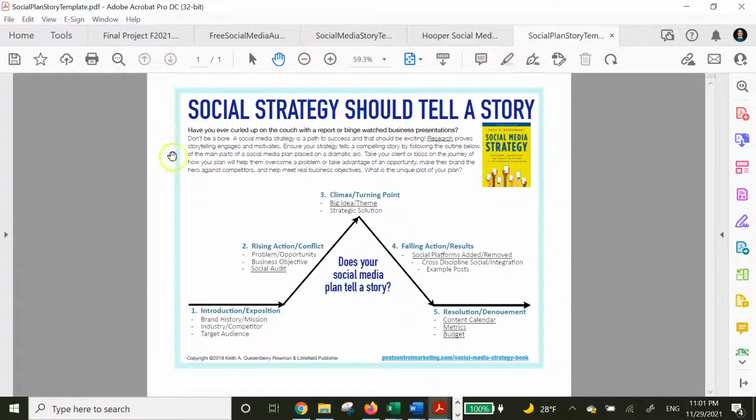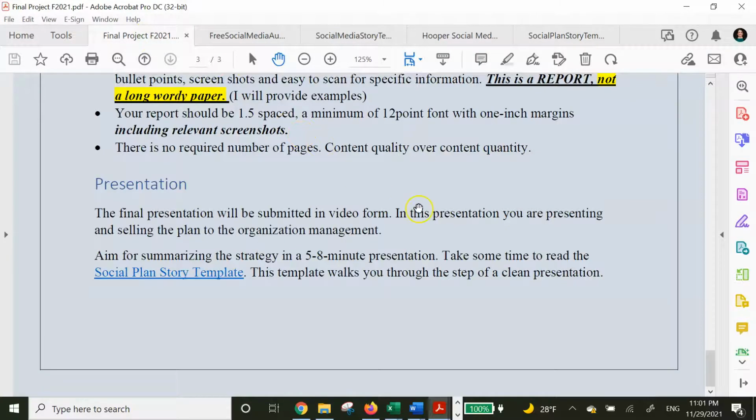So it's a very smart way of going about your presentation and making sure that you can inform the listener, or this CEO of the company, how you are going to work on your plan and how it can be successful.